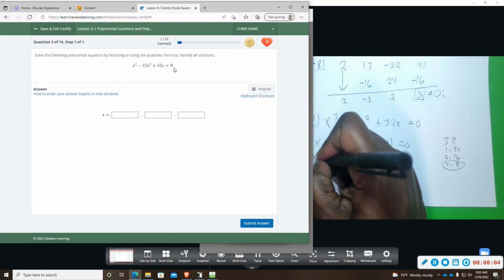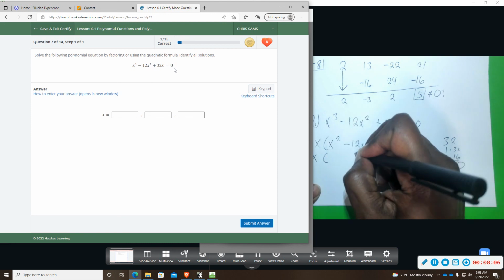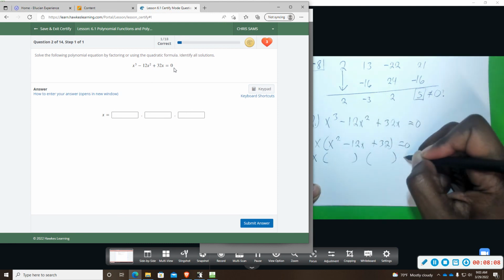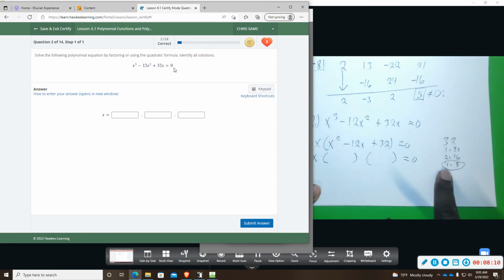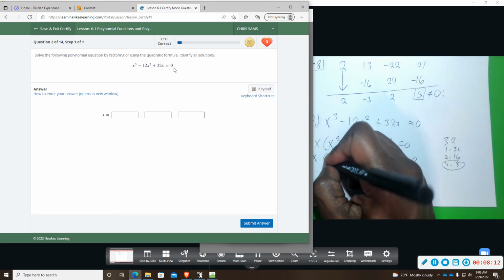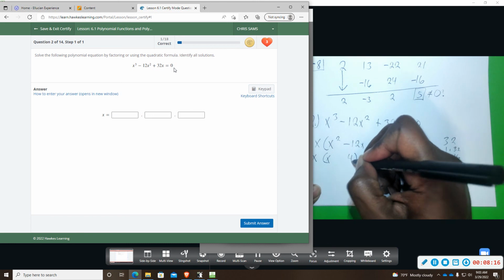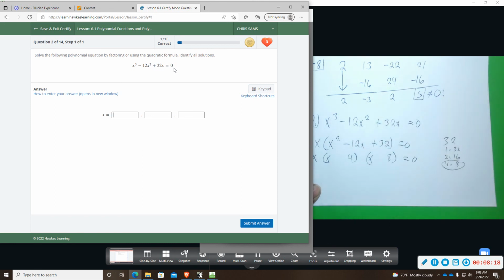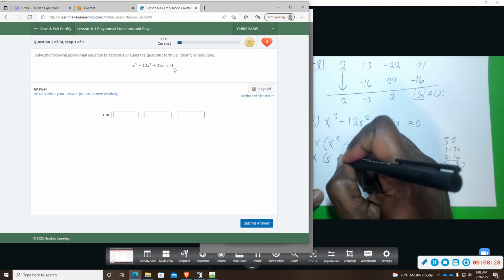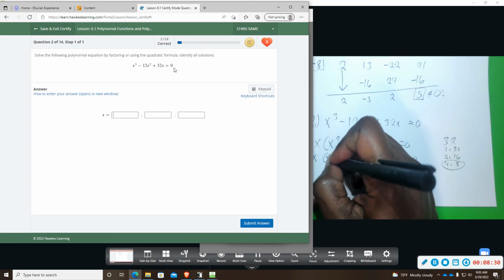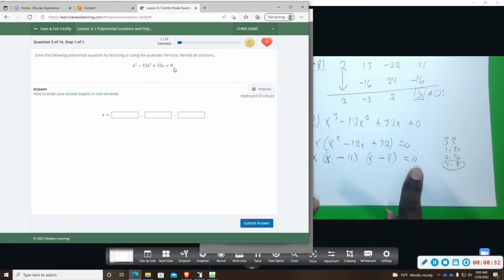So I'll have an x, and then 2 sets of parentheses from the factoring. The 1x will go in the front of each parenthesis, separating the x squared, and then the 4 and the 8 at the back. Doesn't matter which one goes where. Left to right, the first sign is my bigger number, so 8 will be negative. The second sign being positive tells me that these will be the same. So that's my factoring method.